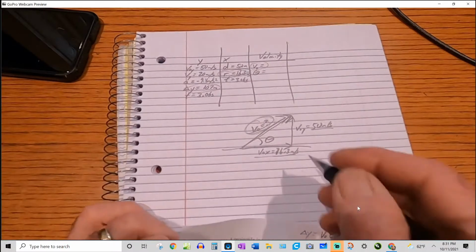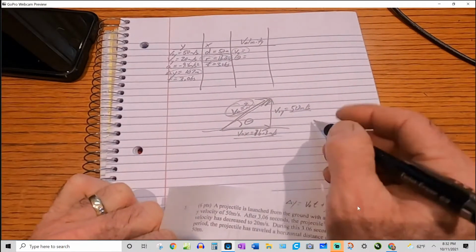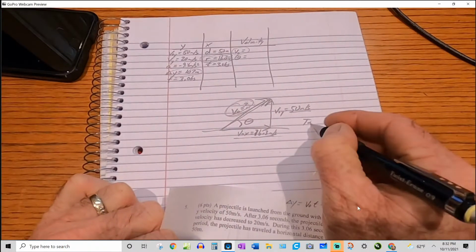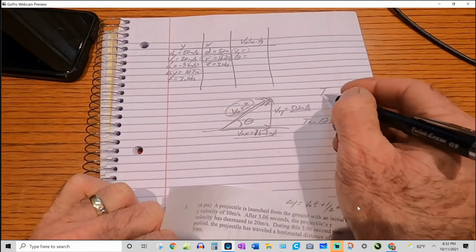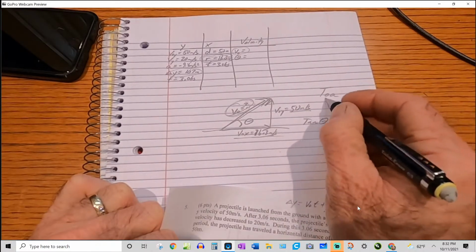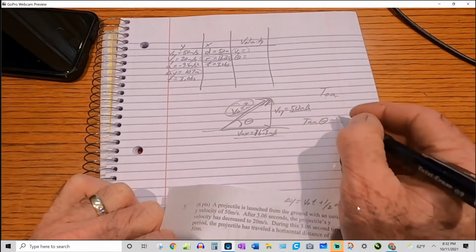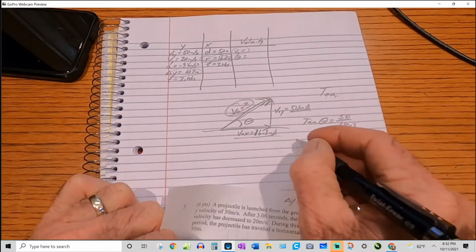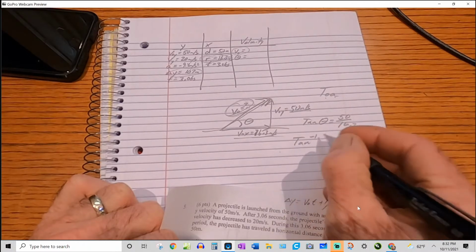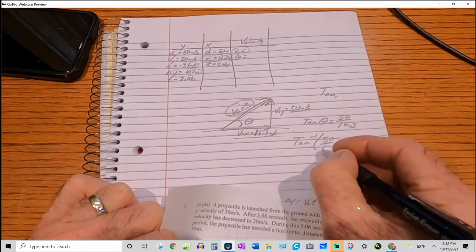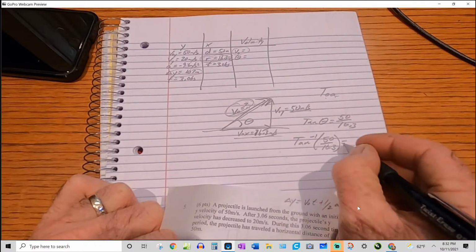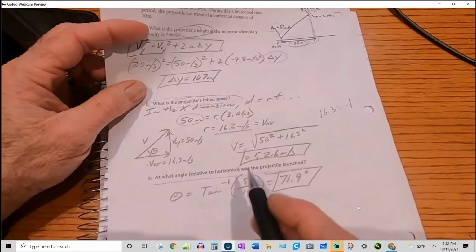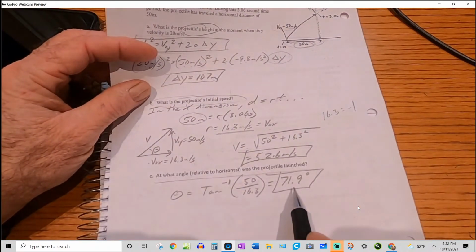And then what's the angle at which it was launched? Well, I can find the angle. The tangent of this angle is, SOHCAHTOA, opposite over adjacent, 50 over 16.3. So therefore, the inverse tangent of 50 over 16.3 is theta, and that gave me 71.9.